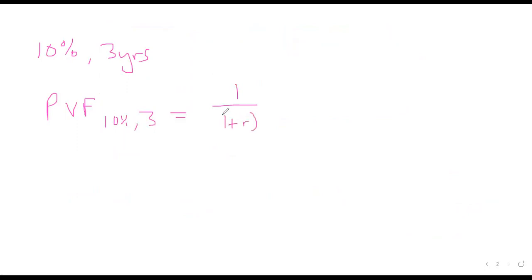Let's delve into how to calculate the interest factors. If you have 10% and the time period is 3 years, let's calculate the interest factor manually and also using the tables. We want to calculate the interest factor, 10% under 3, and the annuity factor. This will be 1 over 1 plus R to the power time, so here it will be 1 over 1.10 to the power 3. What do we get?